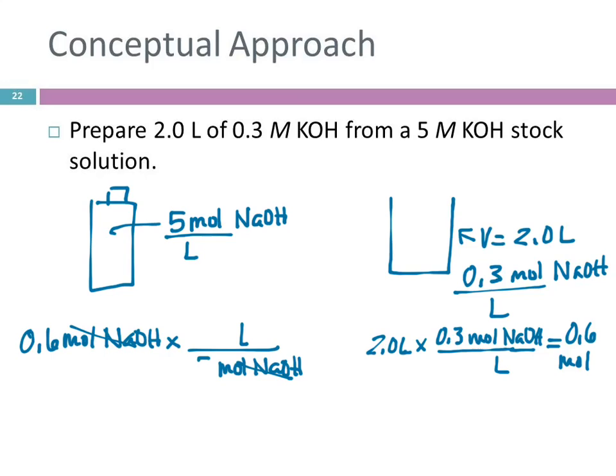Well, it's 5 moles for every 1 liter. So I've got 0.6 divided by 5, 0.12. So that's 0.12 liters. If I take 0.12 liters of this concentrated solution and put it into my beaker and add water so that the volume is 2 liters, then I will have my 0.3 moles per liter sodium hydroxide solution. Yes?